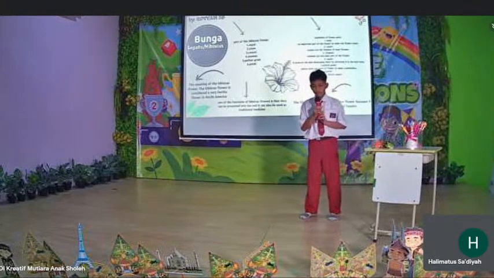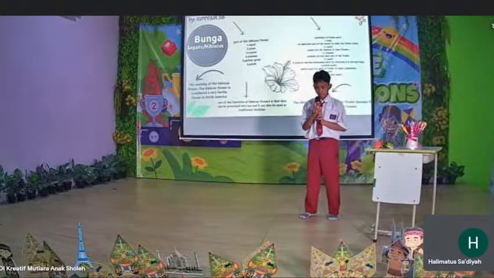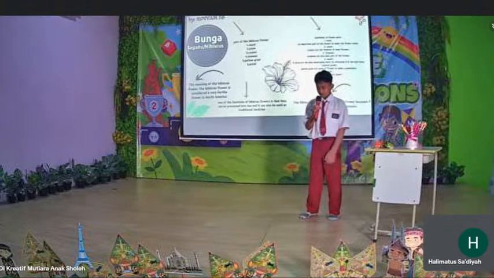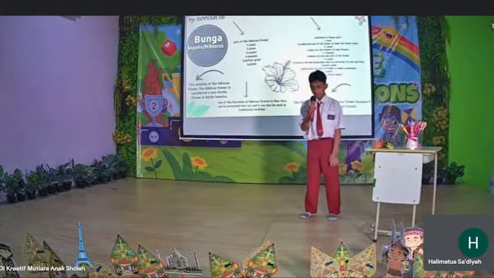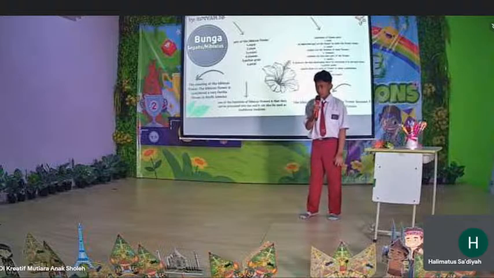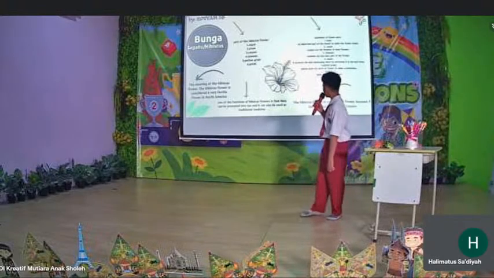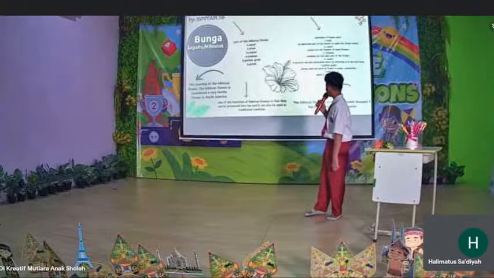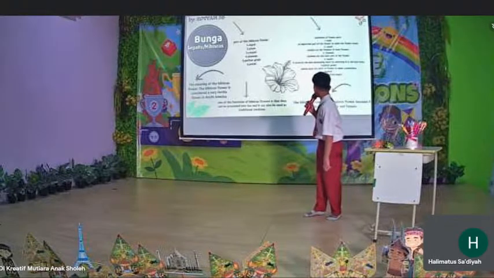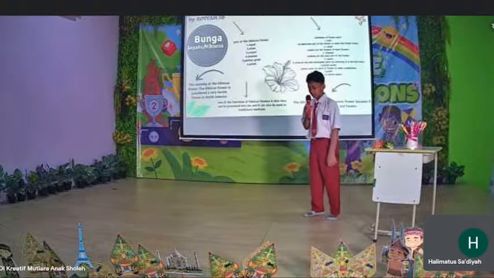The third is stamen. Stamen is the male part of the flower. The fourth is sepal. Sepal protects the developing bud.